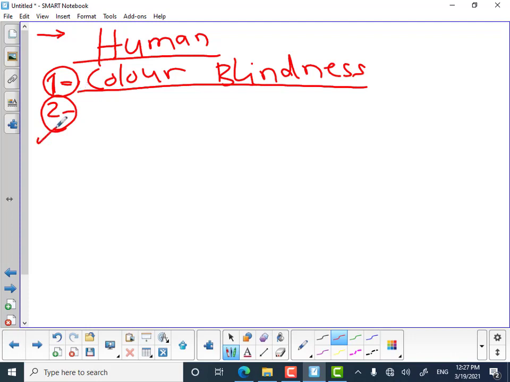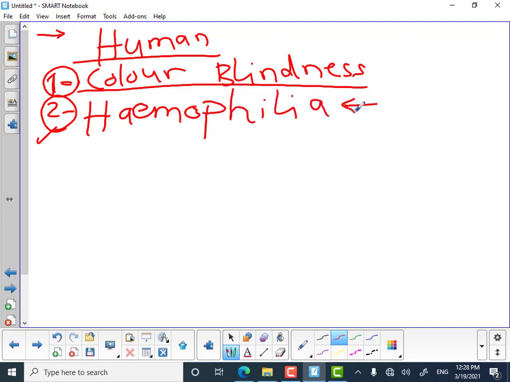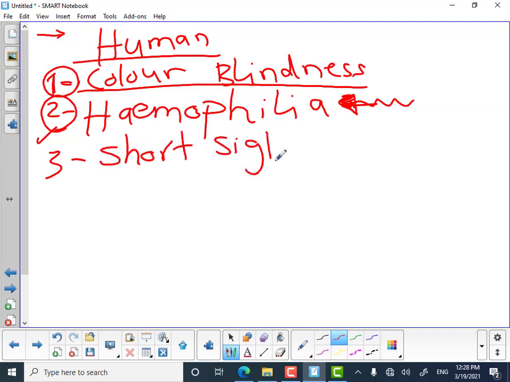The second example is hemophilia. What's the meaning of hemophilia? The liquidity of the blood, or the absence of some important factors that make the blood clot, is called hemophilia disease. 3, shortsightedness. Okay, and the last one is muscle atrophy.